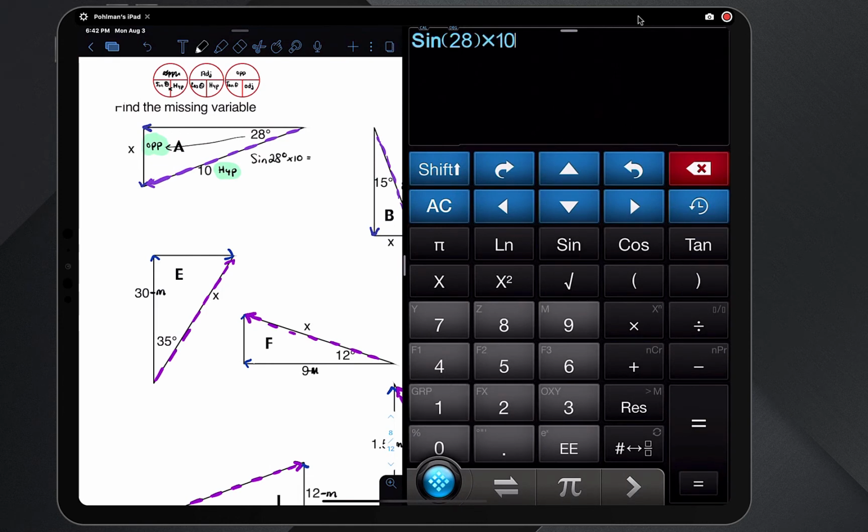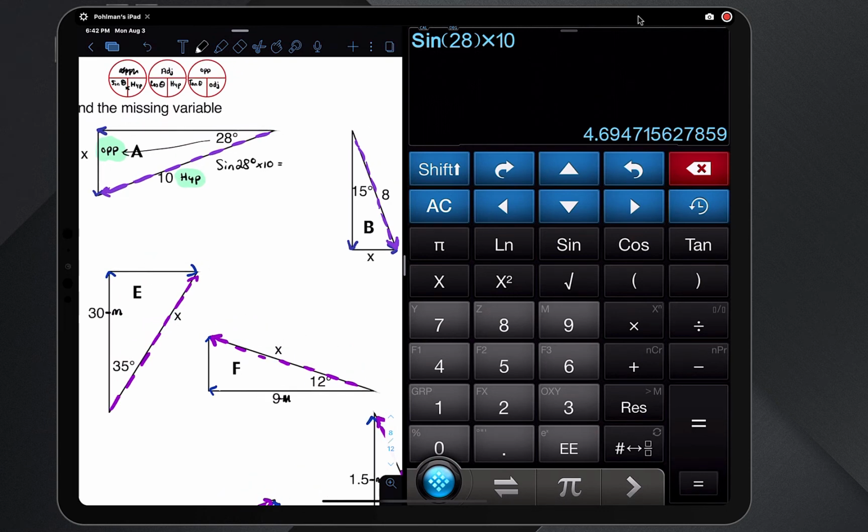Remember, I said before that if you leave that open, that's going to cause us to get some bad numbers. So we should have a component vector of 4.7. We're going to say all of these are meters, so that would be 4.7 meters really towards the south.